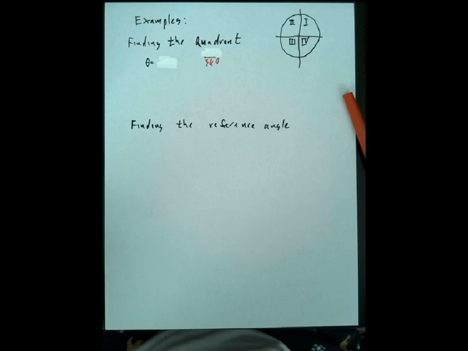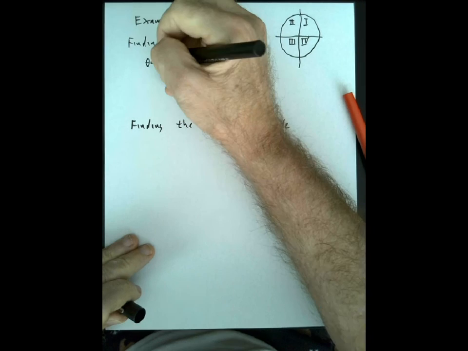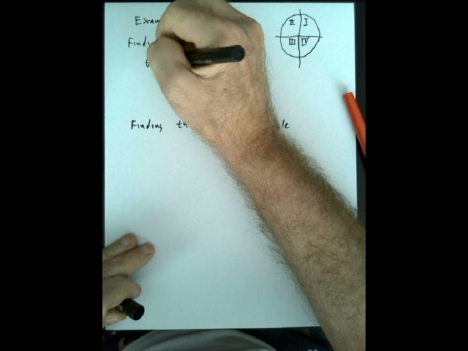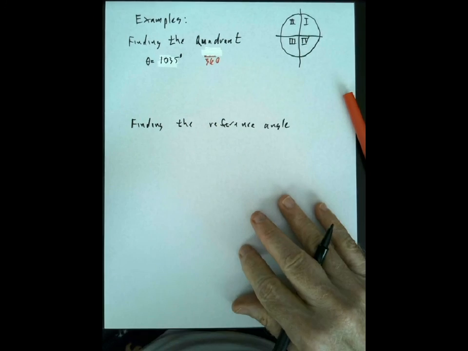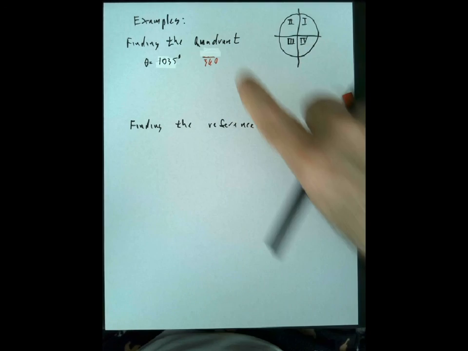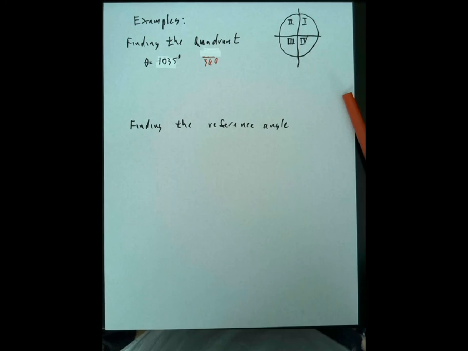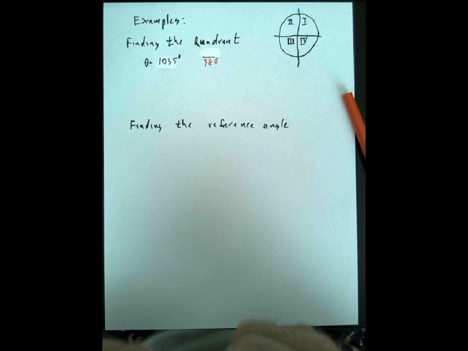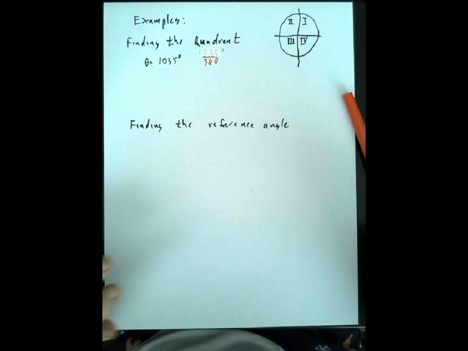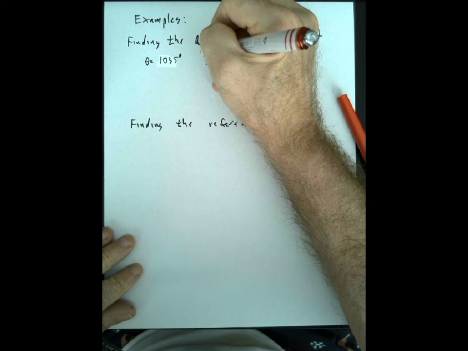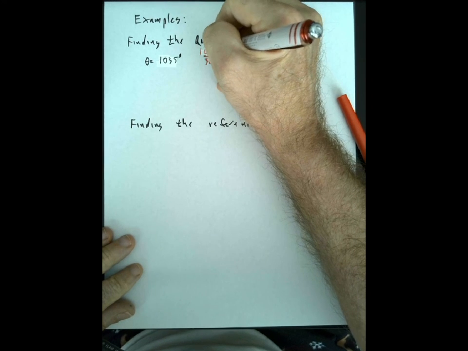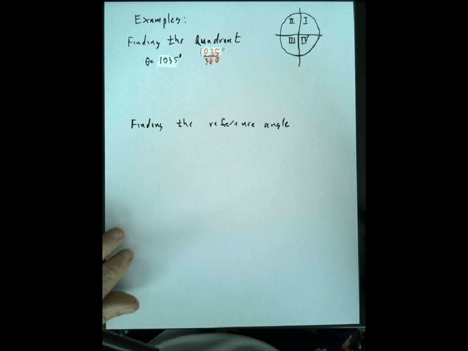Theta will be, hope you guys can see that, 1035 degrees. Okay? So what we're going to do is divide 1035 by 360, to see how many excess rotations that is.